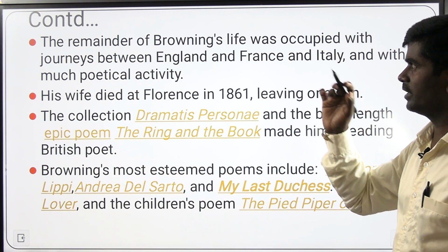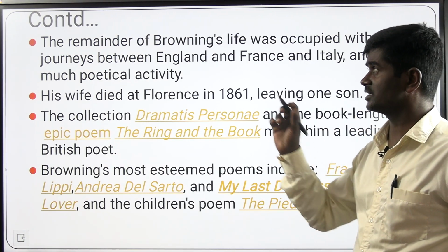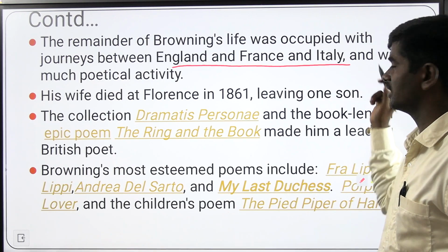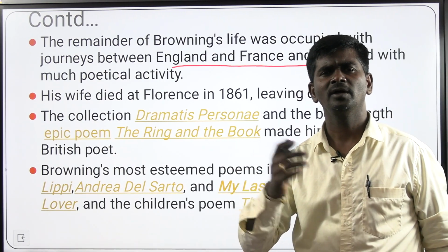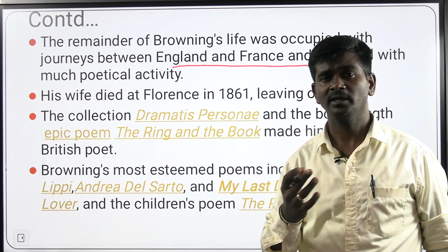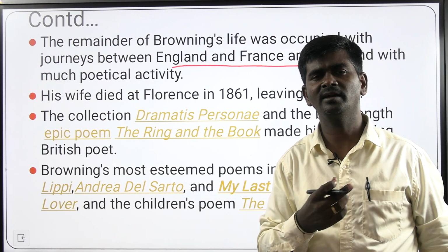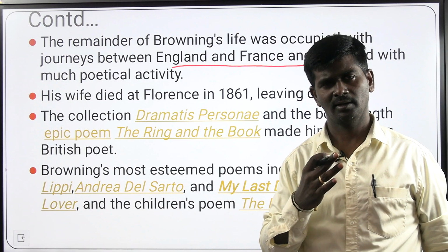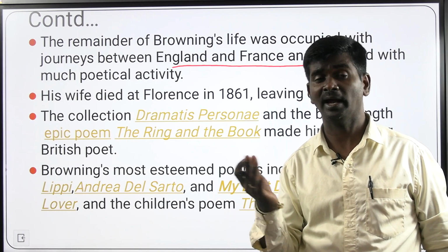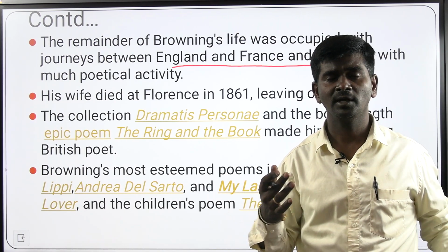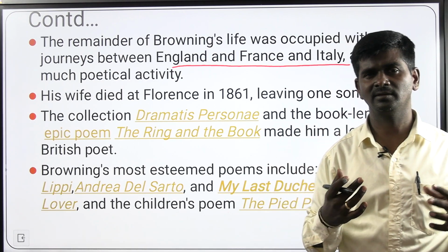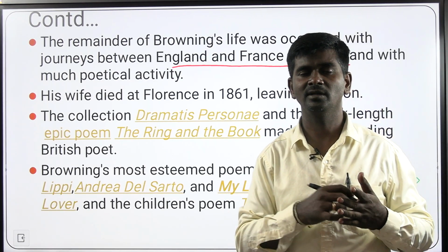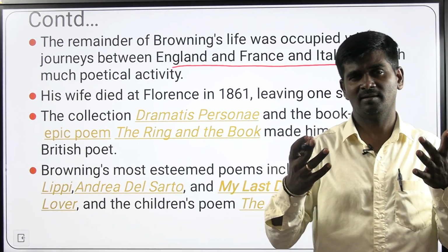Next, the remainder of Browning's life was occupied with journeys between England and France and Italy. Why? He eloped to Italy because he had a lot of fear that Elizabeth Barrett Browning's father may attack this couple. Hence they eloped, and in secret he used to come, because to have bread and butter, he had to write literature, he had to write some poetry, he had to sell.